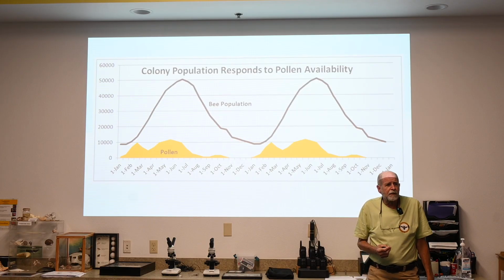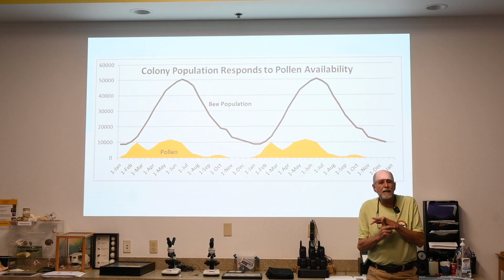The queen will start to sense that the days are getting longer. Summer is coming. And she knows she has to have workers available for that first bloom as it breaks out in springtime. Remember, we said that it takes 3 weeks, 21 days, from an egg to a hatched bee.